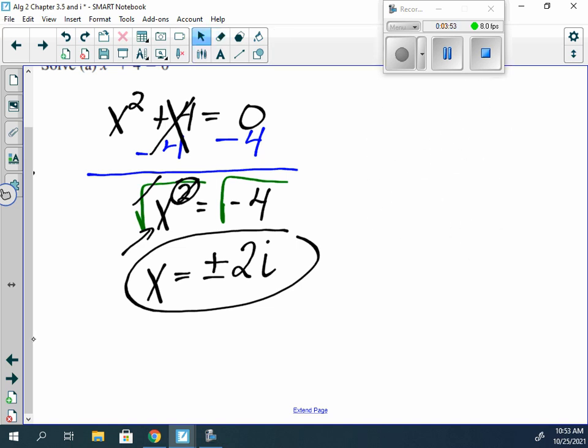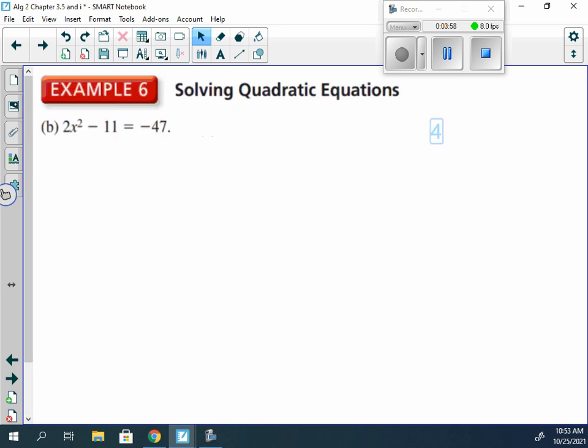Any other questions on this here? 2x squared minus 11 is equal to negative 47. Because the only thing that we have is x squared, we can use the square root method.